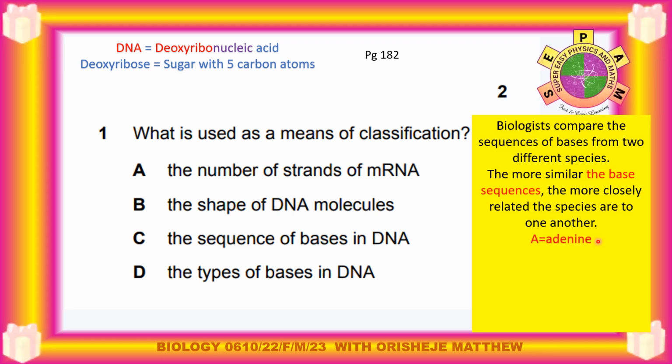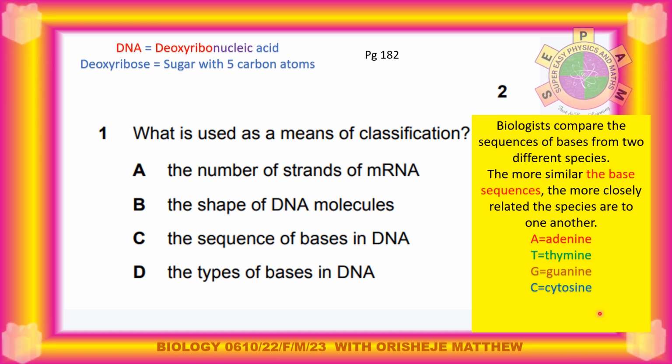So those nitrogenous bases contain the following: adenine, thymine, guanine, and cytosine. And in the base sequence, they have a pairing formula. So adenine will always pair up with thymine, and then guanine will always pair up with cytosine.